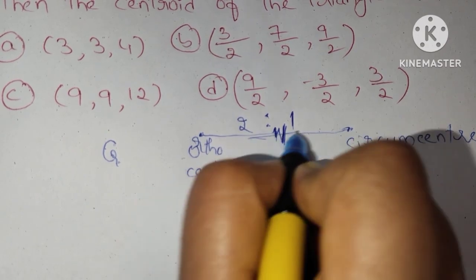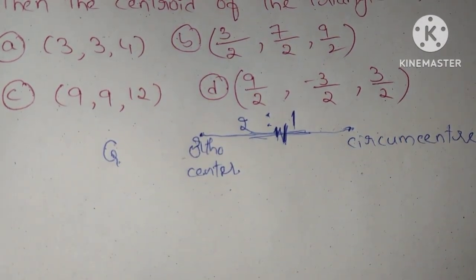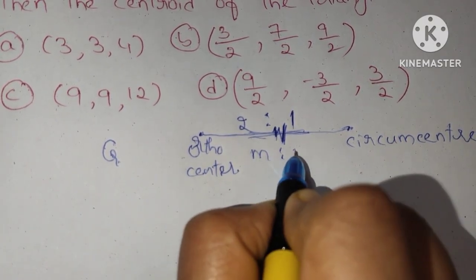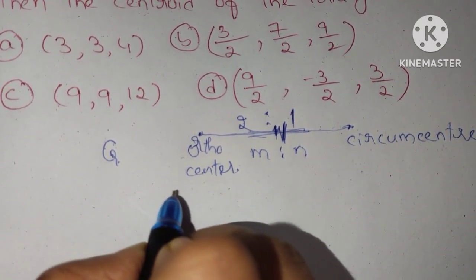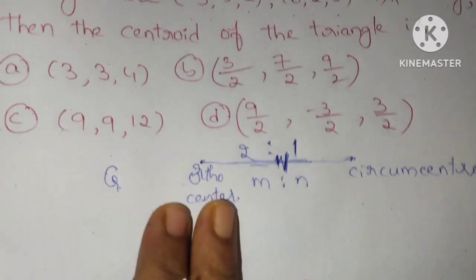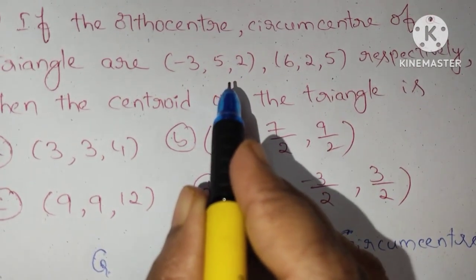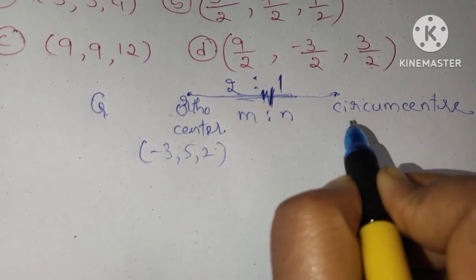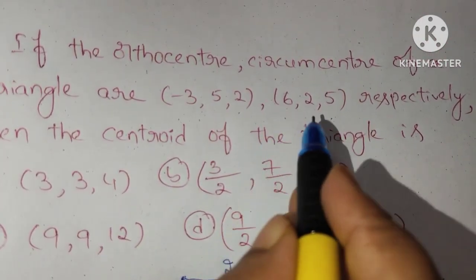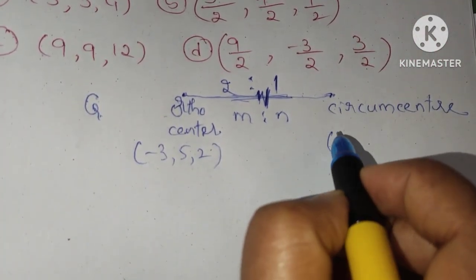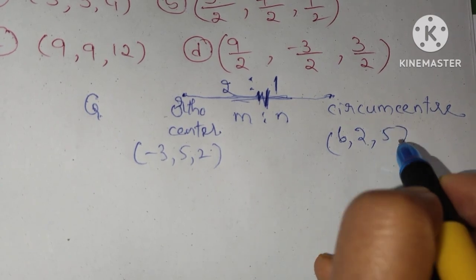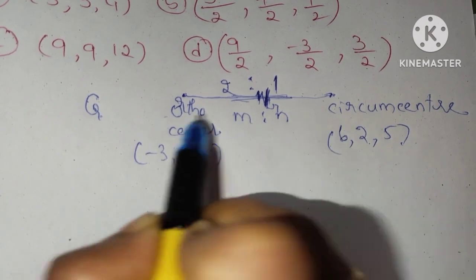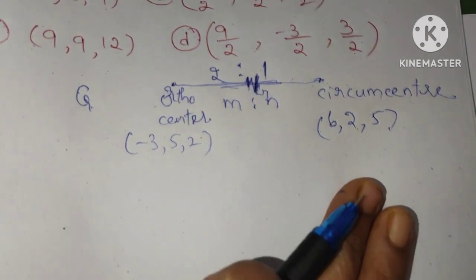Now I will consider the section formula, because it is in the form of m:n joining the points. The orthocenter according to the question is (-3, 5, 2), and the circumcenter is (6, 2, 5). G divides this line segment in the ratio 2:1.